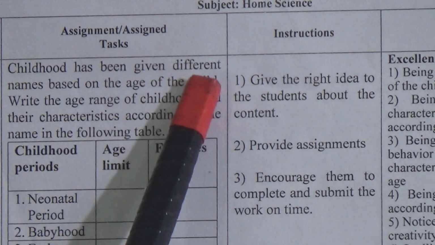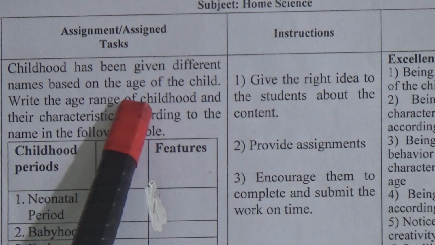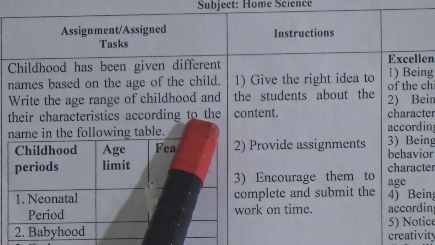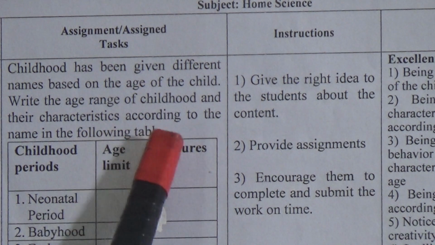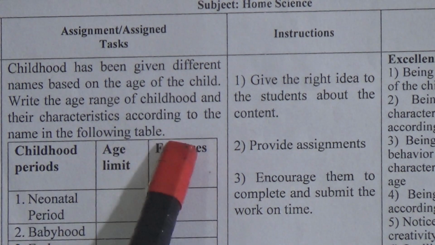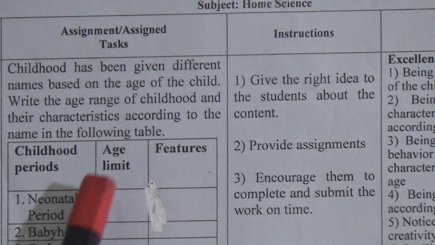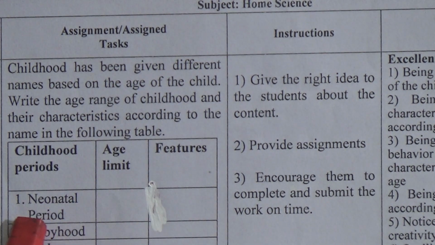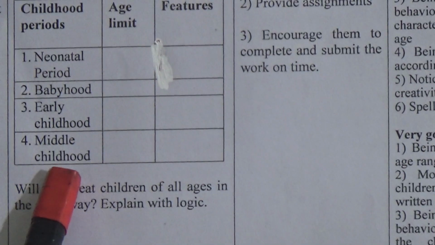Childhood has been given different names based on the age of the child. Write the age range of childhood and their characteristics according to the name in the following table. This is a table, childhood periods. First one is neonatal period, 2 babyhood, 3 early childhood, 4 middle childhood.